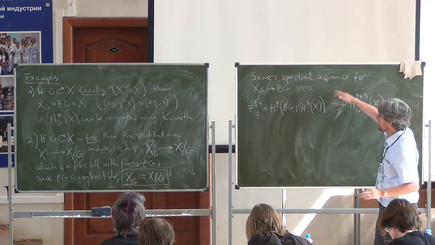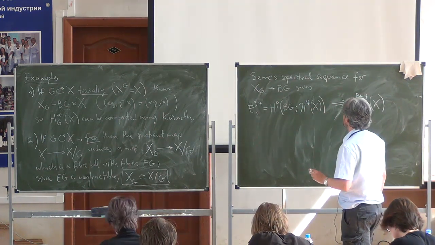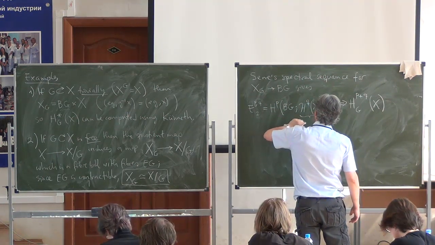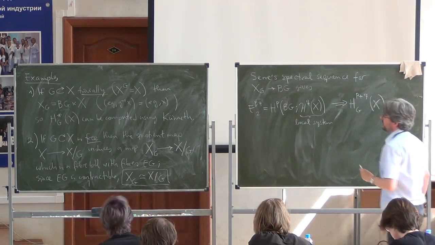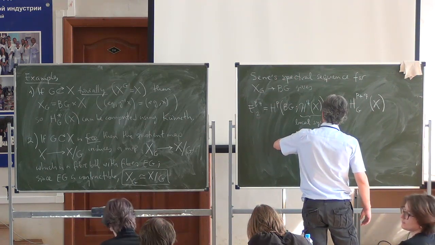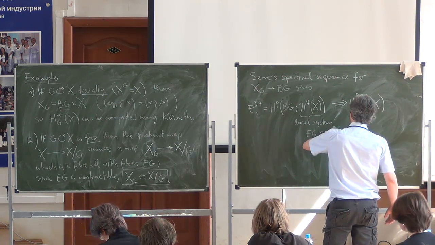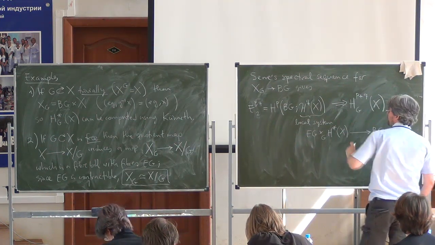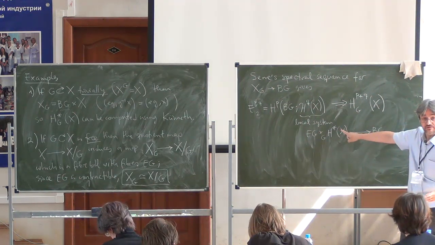I'm assuming that X, for example, has bounded cohomology. Okay, so this is a local system over BG given by the twisted product of EG and the cohomology of X.